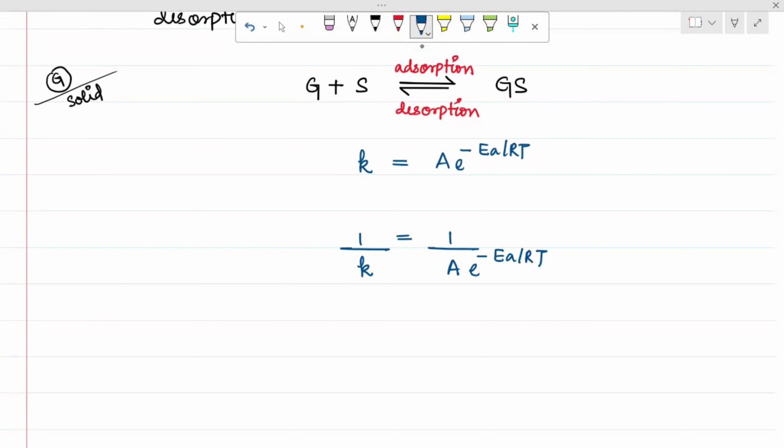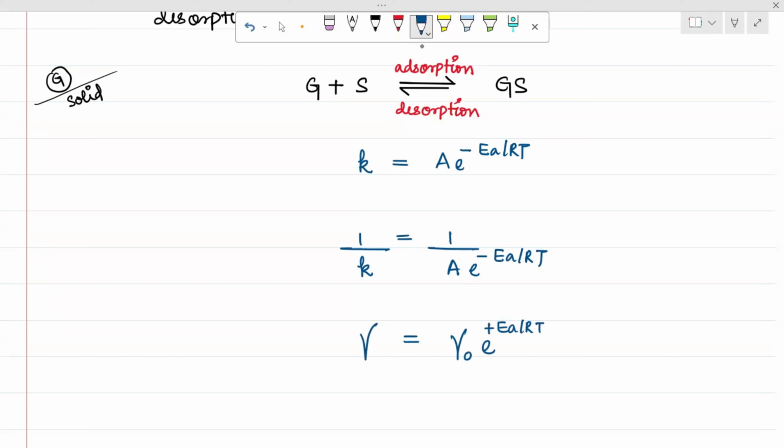Now, 1 by K in surface chemistry is notated as gamma. So 1 by K is gamma, and 1 by the pre-exponential factor is gamma naught. When this term comes to the top, it becomes e to the power plus EA by RT.